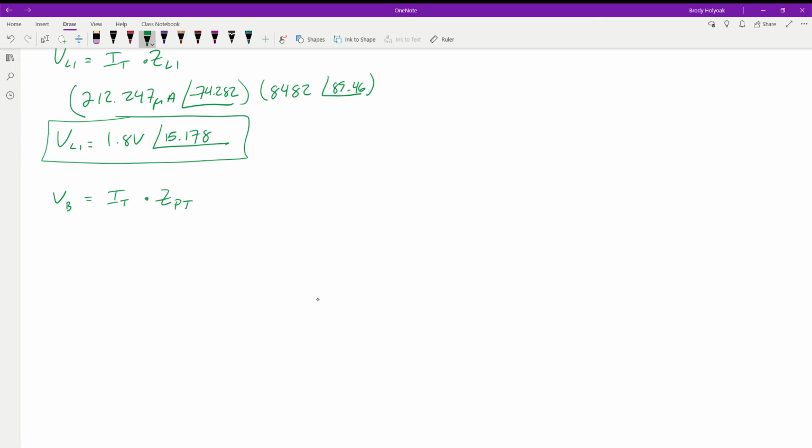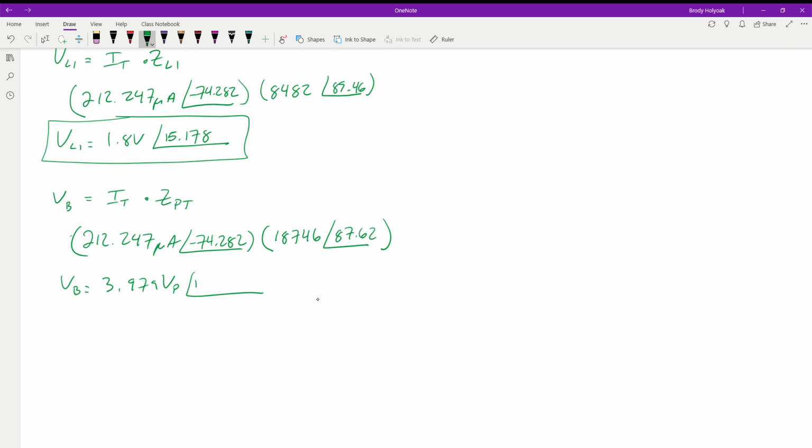So we have 212.247 microamps at an angle of negative 74.282 degrees, and the impedance for our parallel network was 18,746 at an angle of 87.62 degrees. The voltage across this comes out to be 3.979 volts peak at an angle of 13.338 degrees.